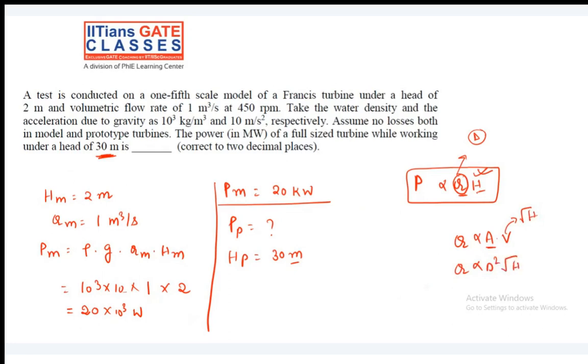I am not putting N here, D into N, because N has not been mentioned, so why carry that? So let us eliminate this. So P is directly proportional to D square into square root of H into H. So can I see now that P is directly proportional to D square into H to the power 3 by 2?